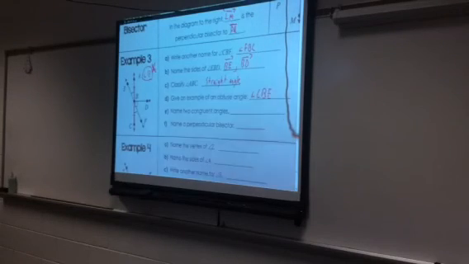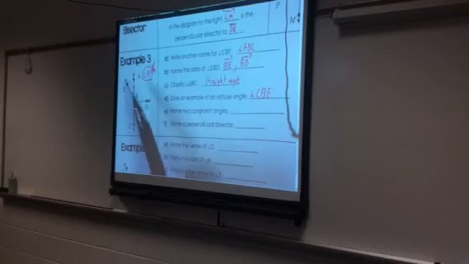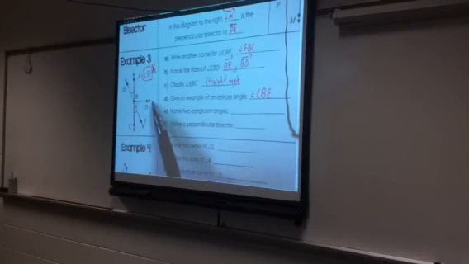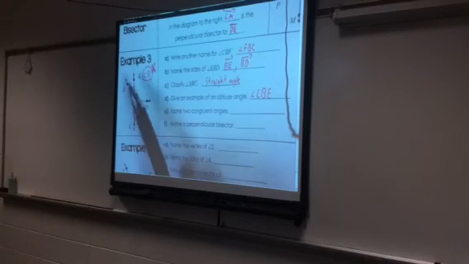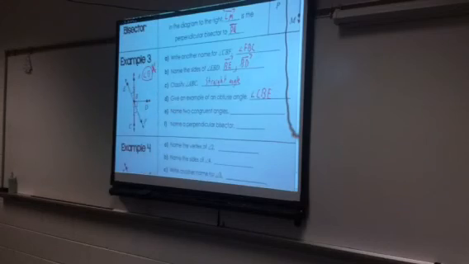But you could also use any three letters with B in the middle that, if you traced it, would be bigger than 90 degrees. So I could say angle ABC, I could say angle FBA, or angle DBE, or angle EBD, right? As long as if I trace those three letters, it would be bigger than 90 degrees.